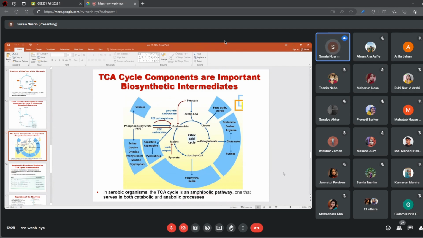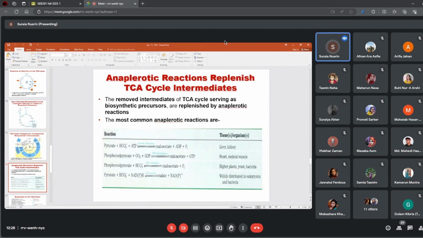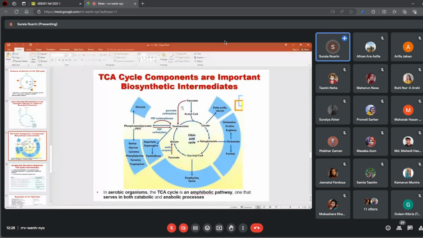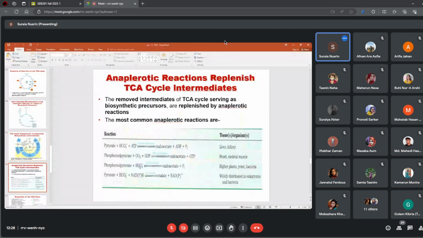otherwise the cell will be unable to produce the energy. So if you now look at the table of the most common anaplerotic reactions, you can see pyruvate to oxaloacetate, phosphoenolpyruvate to oxaloacetate, and they are done by the different enzymes which are mentioned in the figure as well. Then pyruvate to malate.